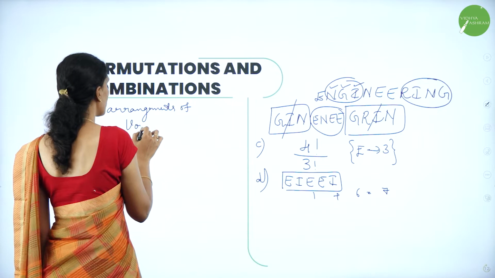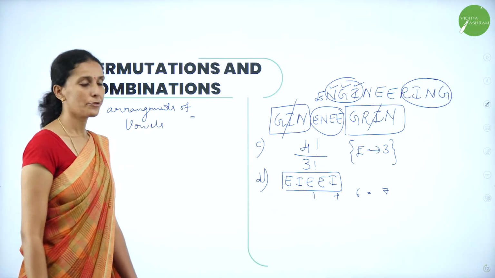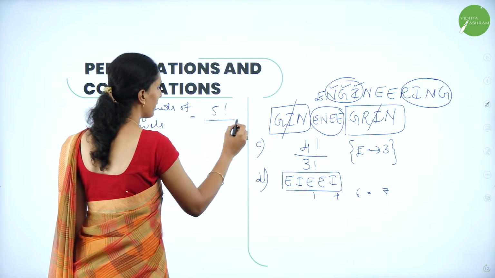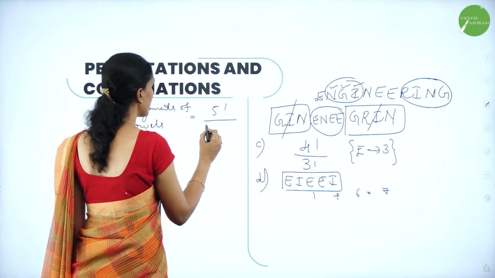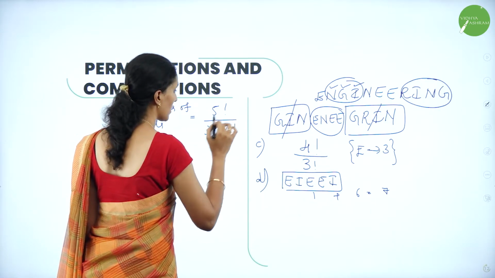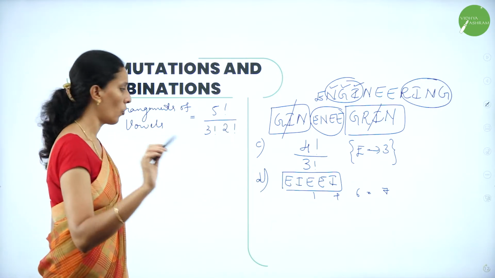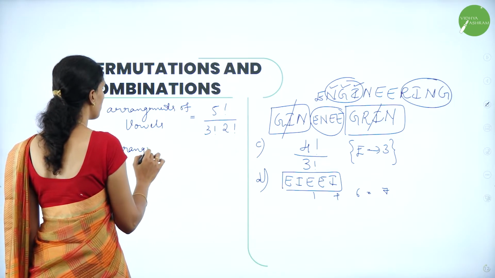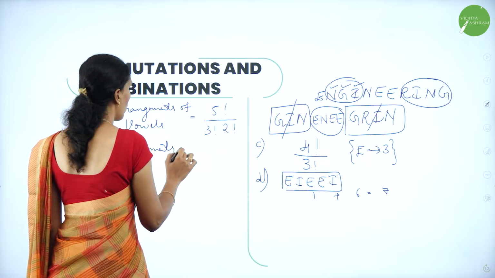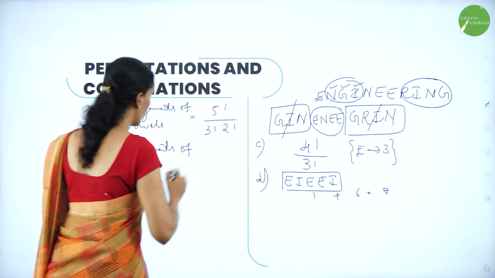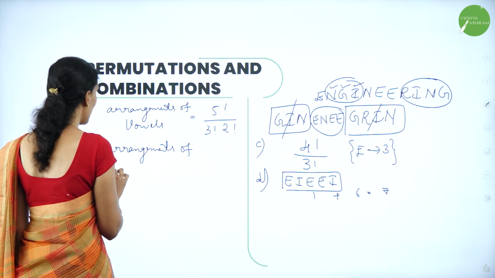Arrangement of vowels will be 5 factorial divided by how many times E is repeated, 3 times, and how many times I is repeated, 2 times. So this is the arrangement of vowels. Next is the arrangement of all the letters along with consonants and vowels, the arrangement of remaining letters.